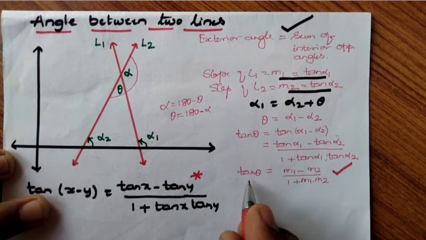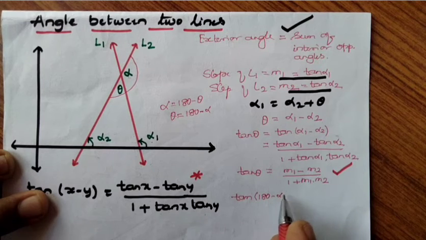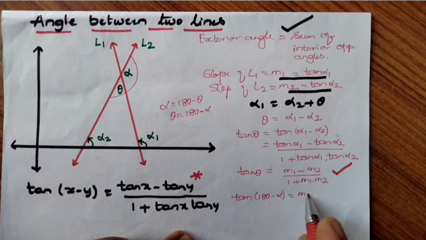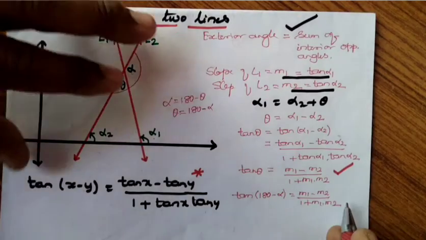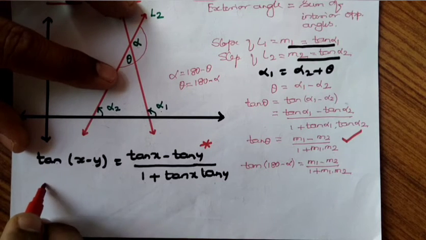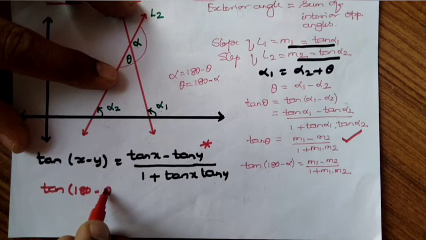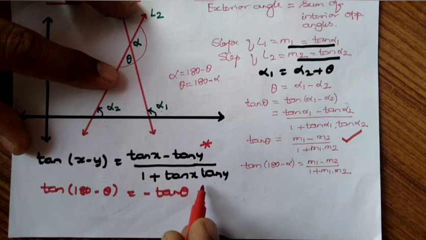Okay, so here I am going to substitute to find alpha. Theta can be written as 180 minus alpha. Yes or no? That is equal to, you just copy as it is, m1 minus m2 divided by 1 plus m1 into m2. Here again we make use of one more formula, that is tan of 180 minus theta equals minus tan theta.